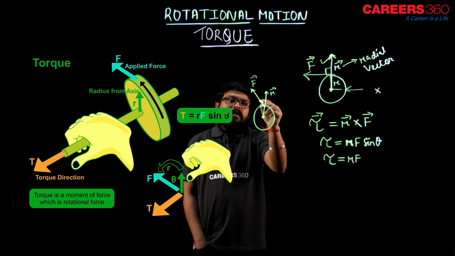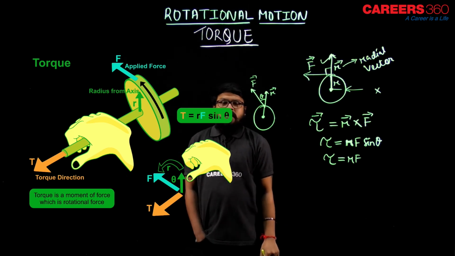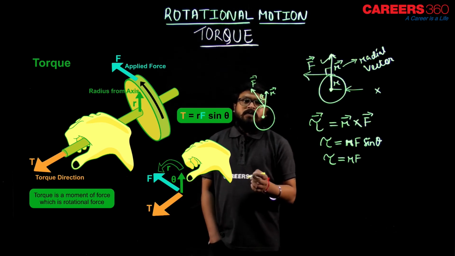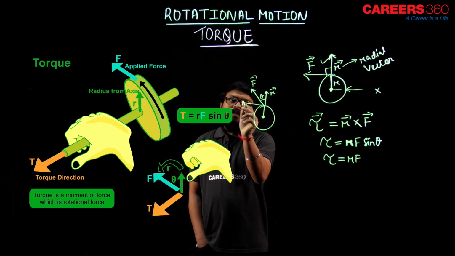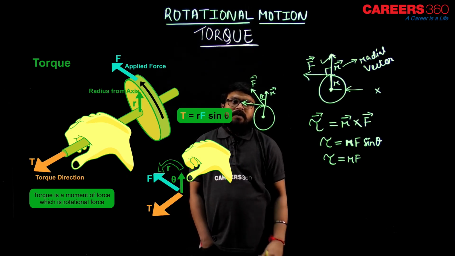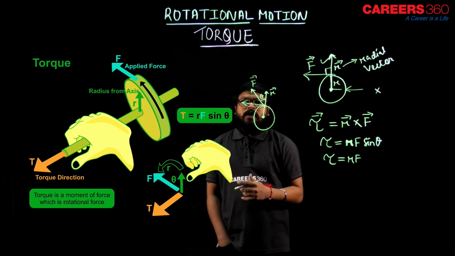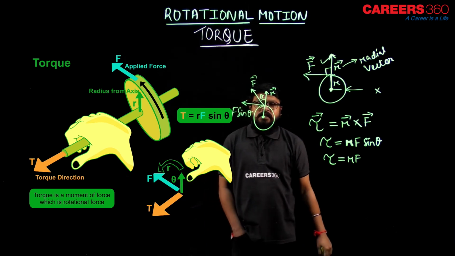Over here, this is the angle between radial vector and force. So in that case, what do we do here? If I consider this one, that is the sine component, or the vertical component of the force F, this becomes F sine theta.